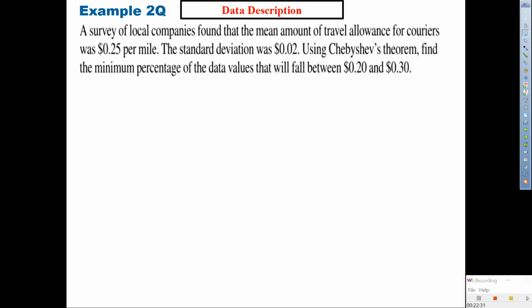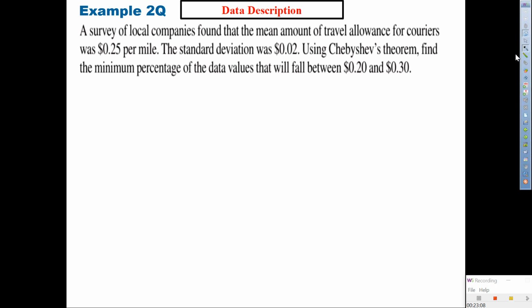It reads, a survey of local companies found that the mean amount of travel allowances for couriers was 0.25 cents per mile. The standard deviation was 0.02, and using Chebyshev's theorem, find the minimum percentage of the data values that will fall between 20 and 30 cents. Copy that, I'll give you some time.